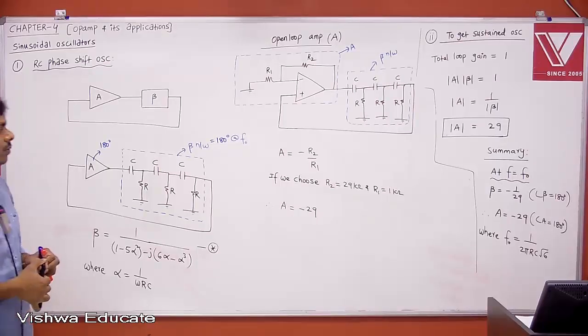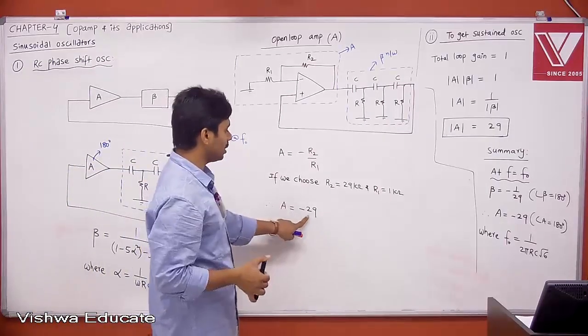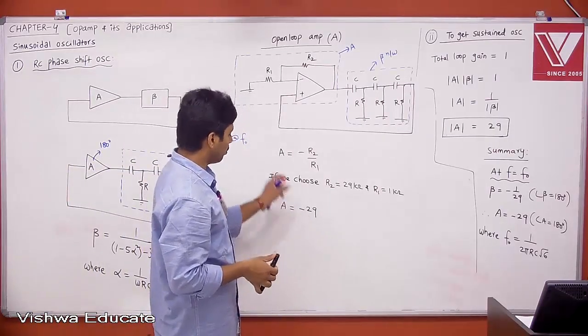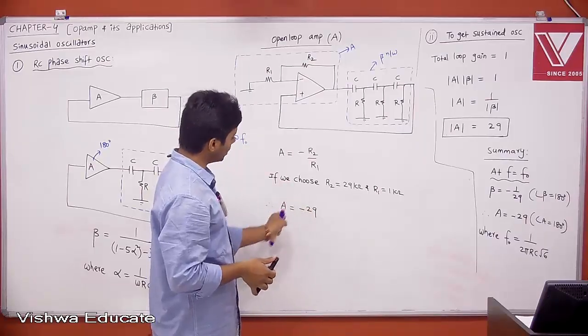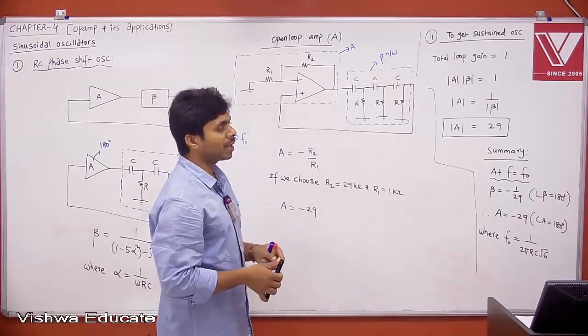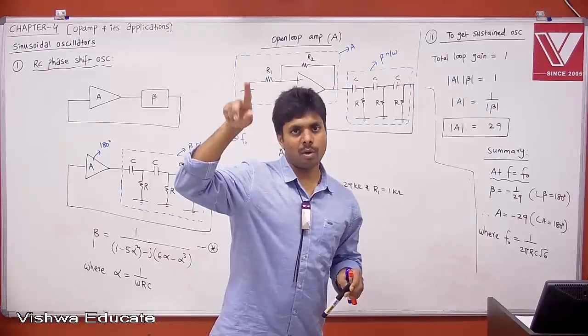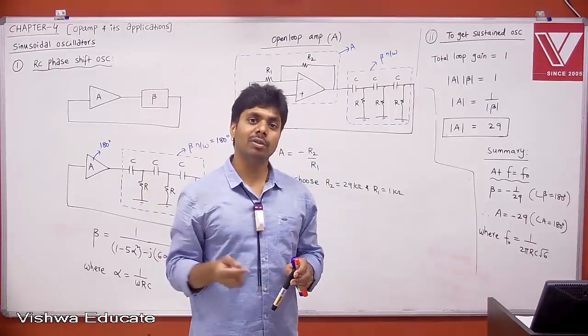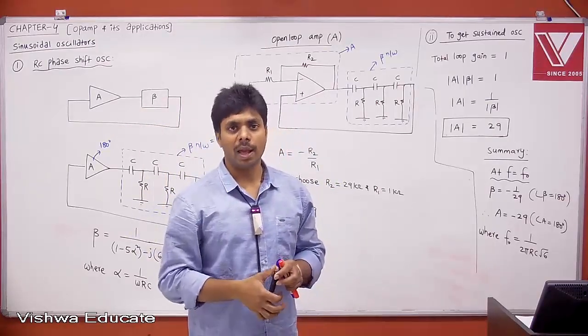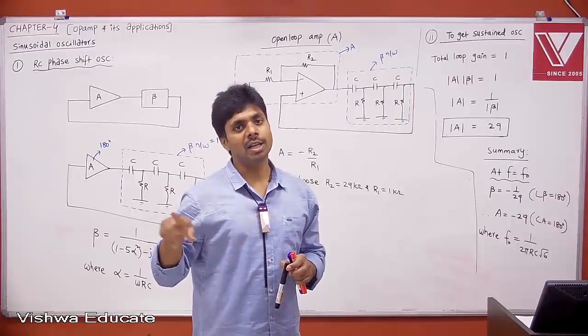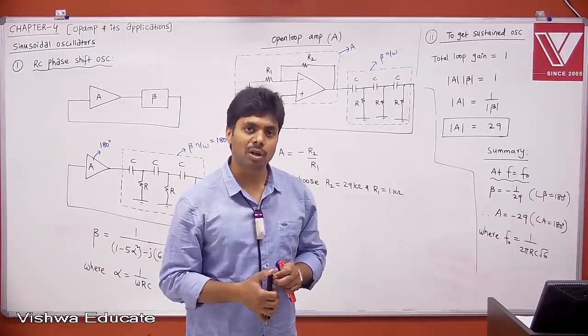If you are not getting A equal to minus 29, remember, if mod A is less than 29, then overall loop gain will be less than 1. Mod A beta less than 1, even though the total loop phase shift is 0 degrees at resonant frequency, you will get under damped oscillations.